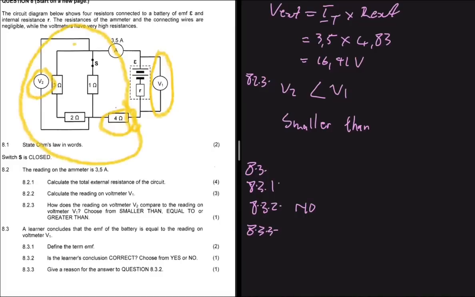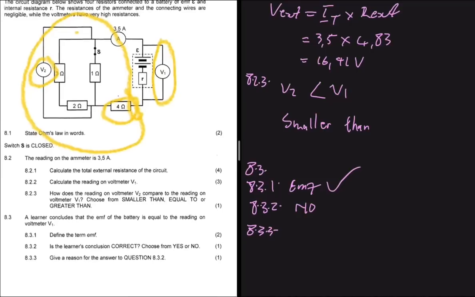But in this case, current is flowing to those resistors, so V1 is not reading EMF, but it is reading V external, right? That's why 8.3.1 asks you to define EMF. If you know the definition of EMF, then you're going to be able to answer 8.3.2 and 8.3.3, because they just depend on whether you know the definition of EMF or not, right?